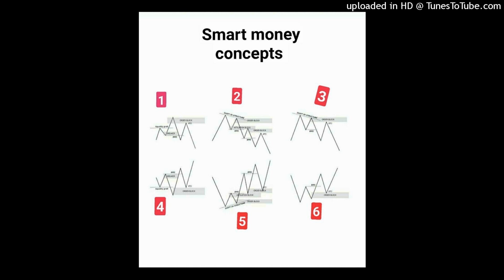London selling has broken previous structure, so that means that London will want to continue to sell, whereas New York will try to go against London. You can see here in London it's trying to sell, and then New York doesn't really do much there, to be honest, and it sort of ties in with it. So you do get these areas of agreement between the two sessions, which is fine.